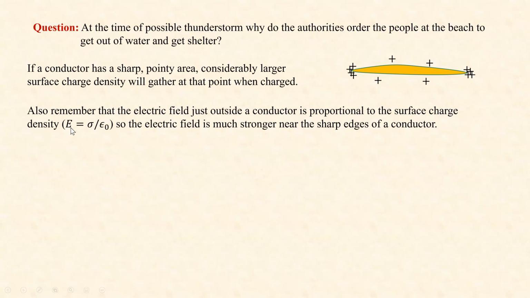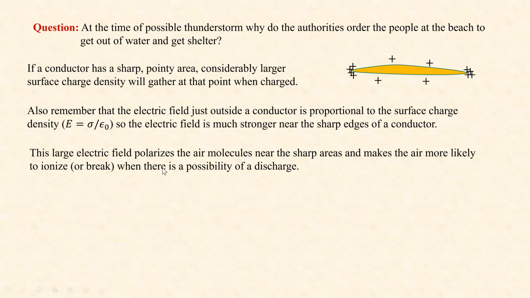E just outside the conductor was sigma over epsilon naught. Remember that? We calculated it with Gauss's law. So the electric field is much stronger near the sharp edges of a conductor. It means close to here, the electric field is much larger than here, all right?